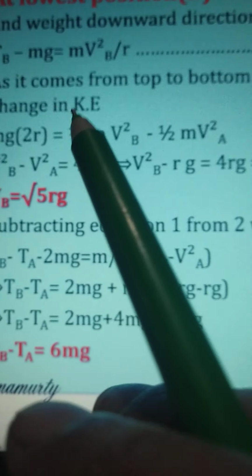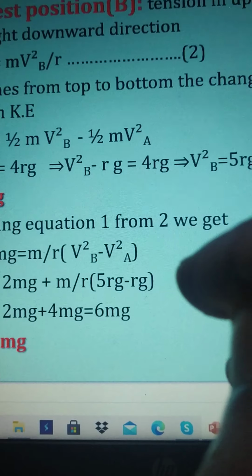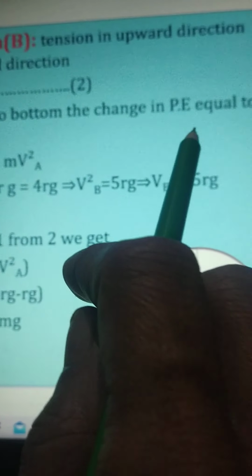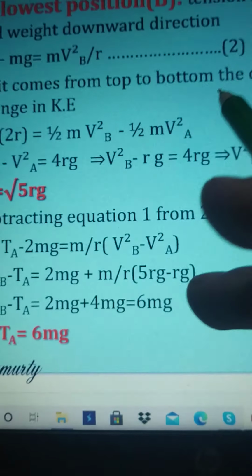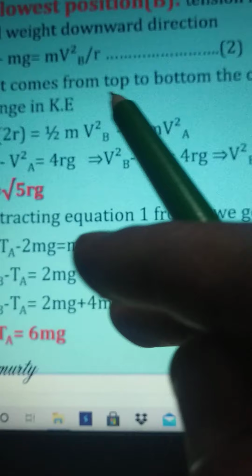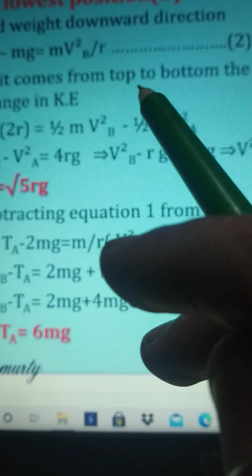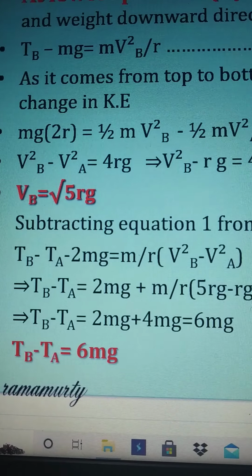So as it comes from top to bottom, the change in potential energy is equal to the change in kinetic energy, because when the mass comes from top to bottom, the change in potential energy is exactly the change in kinetic energy.